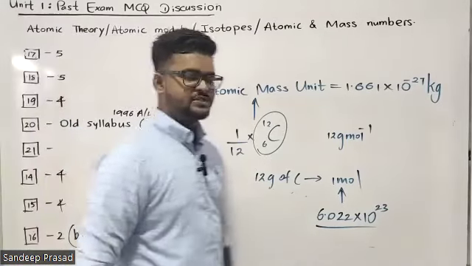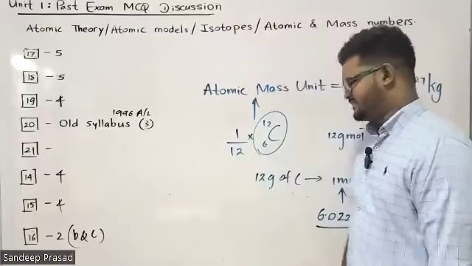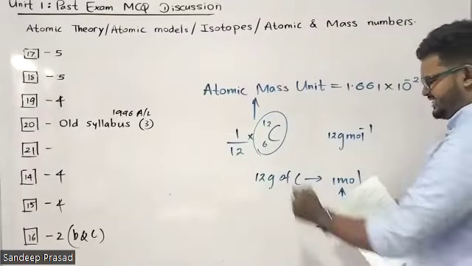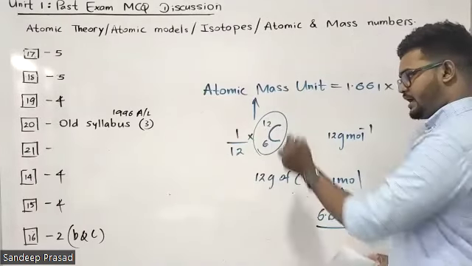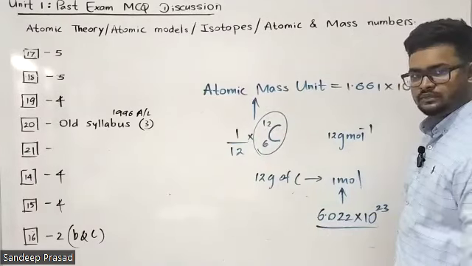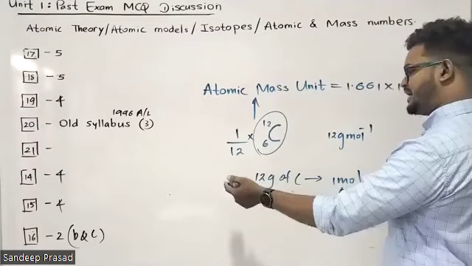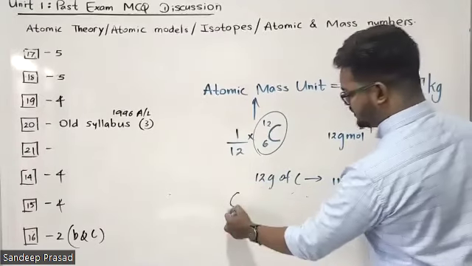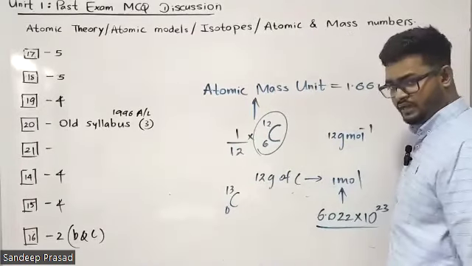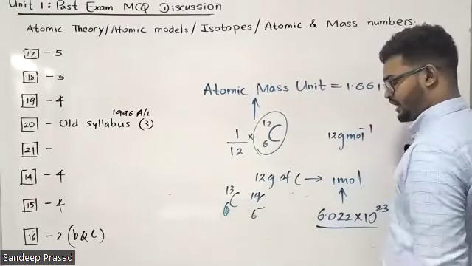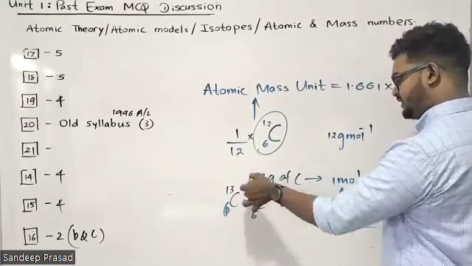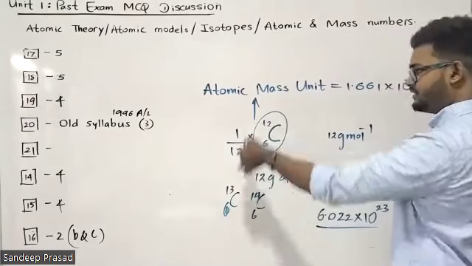Right. I'll tell you the mistake in this question. The mistake in this statement is that they haven't given exactly carbon-12. They have given just carbon atom. We know that the carbon atom is represented by carbon-13 also. There are many isotopes. Carbon-14 is also there. So can we take carbon-13 or carbon-14 to define the atomic mass unit?